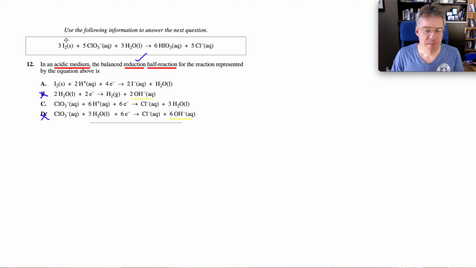So the fastest way to deal with this is just pick one of the two pieces and figure out whether that's being oxidized or reduced, or OARA. So I would pick the iodine just because it's simpler. ClO3 minus, you'd have to spend some time, but iodine on this side is going to be 0.